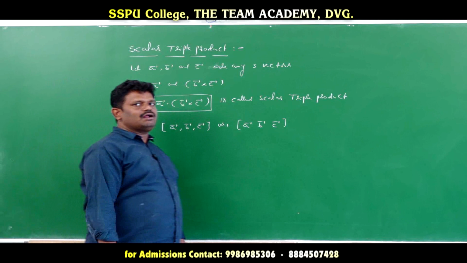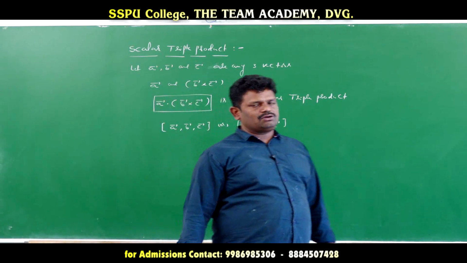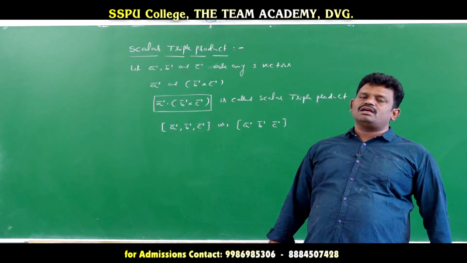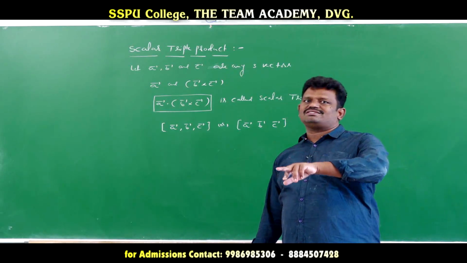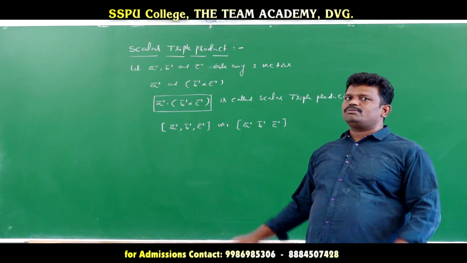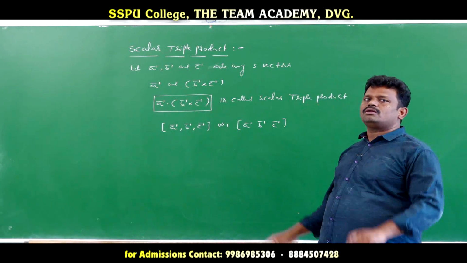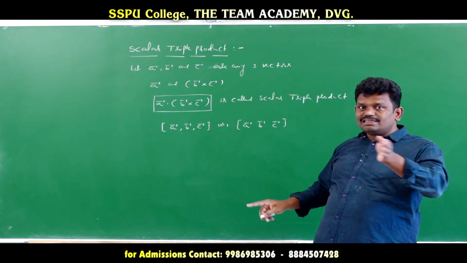So what does the scalar triple product mean? If we take any three vectors A bar, B bar, C bar in order, the scalar product of A bar and B bar cross C bar is denoted by A bar dot B bar cross C bar. This is called the scalar triple product of A bar, B bar, C bar in this order.